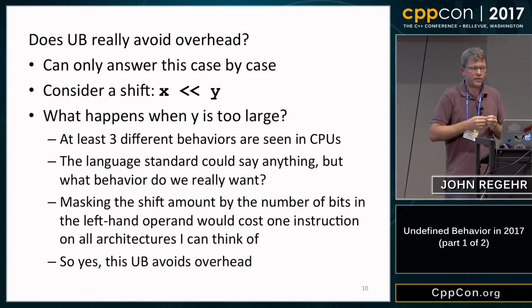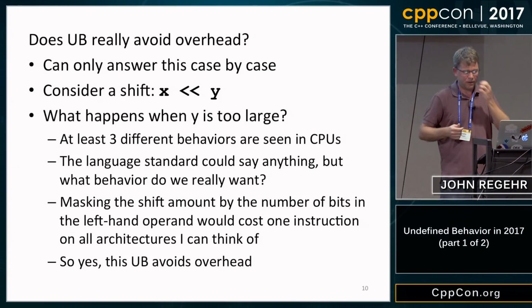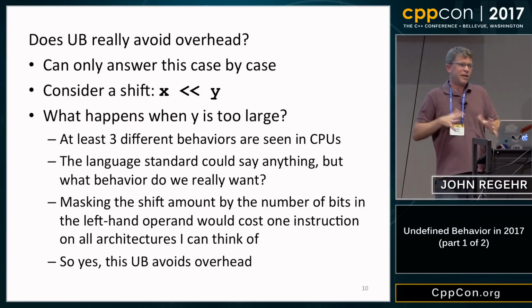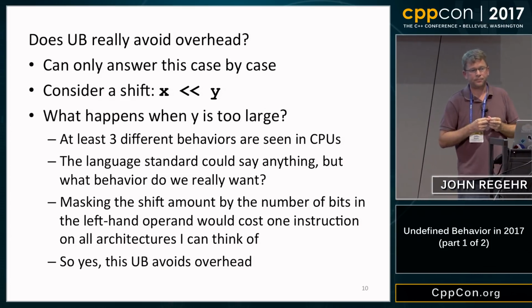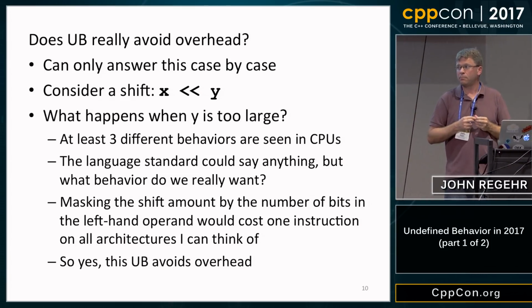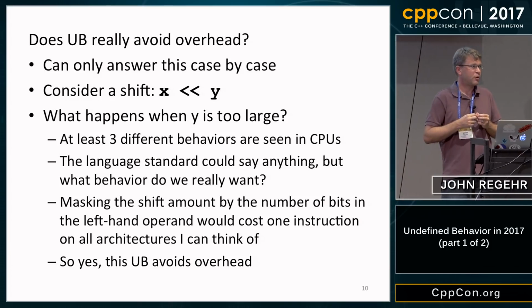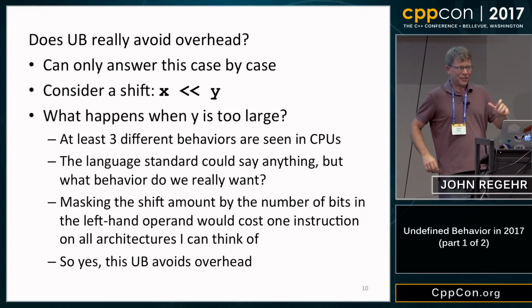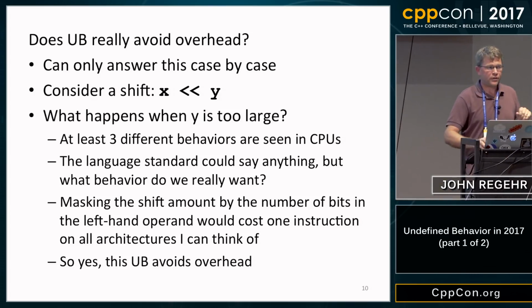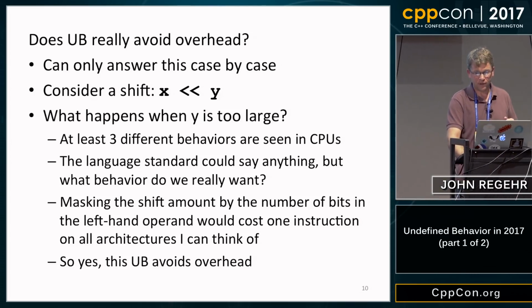Is that a good trade-off? This is open to debate. It's not a super easy question. But in this particular example, the actual overhead is very clear. It's an AND instruction. Does that kind of make sense? No questions yet? I'm talking so fast that everybody's quiet? Good. Okay, so yes, this undefined behavior avoids overhead, and that's what it avoids.